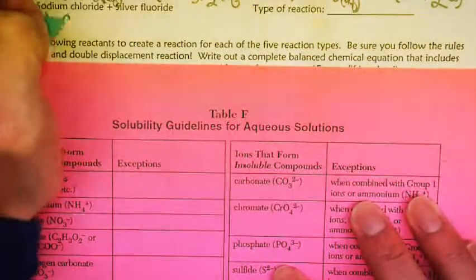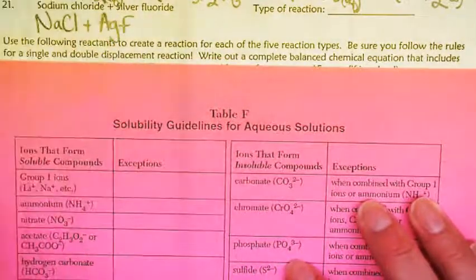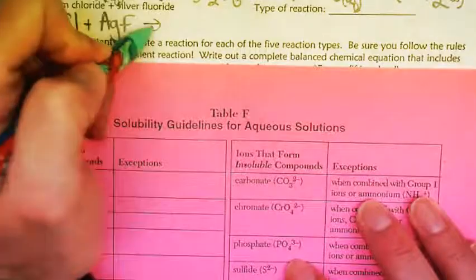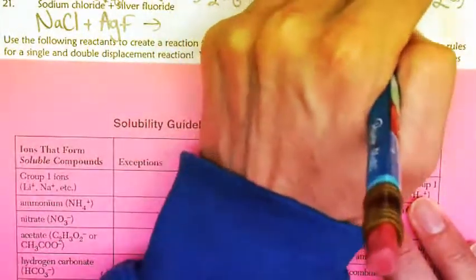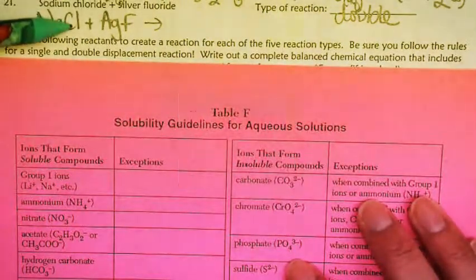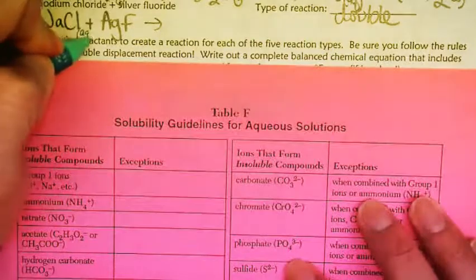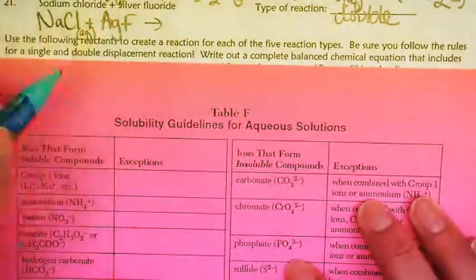Then our last one on here, we have sodium chloride and silver fluoride. So sodium chloride is NaCl, silver fluoride is AgF. And so we want to make sure, this is also a double displacement reaction, because you have 2 compounds. So our sodium chloride we know is aqueous because everything with group 1 is going to be aqueous. And then silver fluoride.